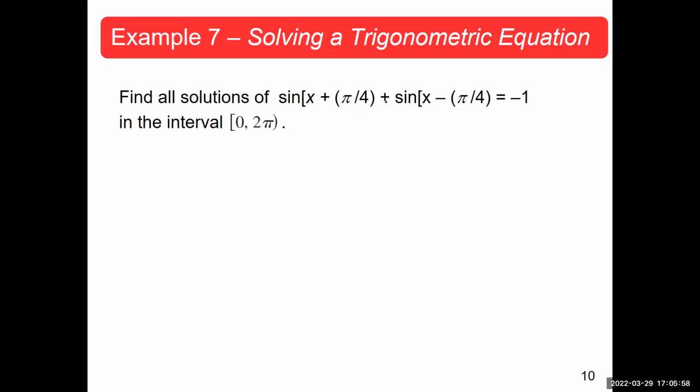I think what they meant is this way. We'll double check that. We're looking for sine of x plus pi over 4 and sine of x minus pi over 4. Then we use those formulas, look back on them and solve the problem.